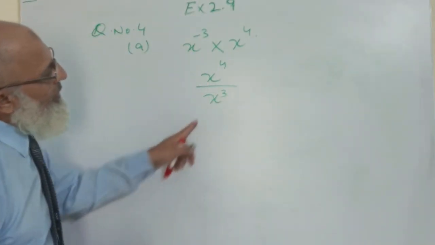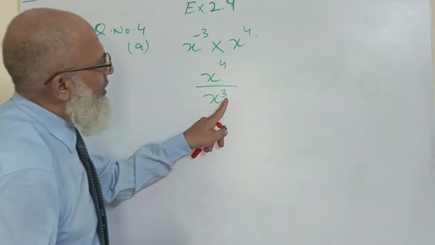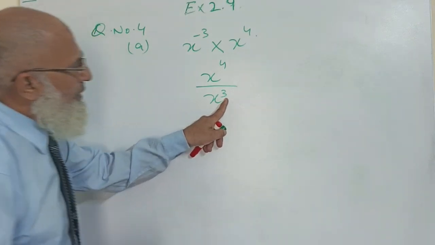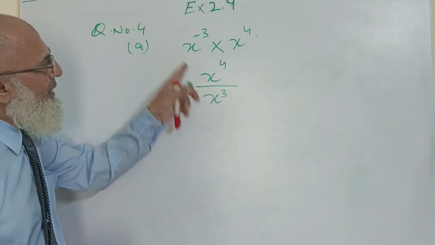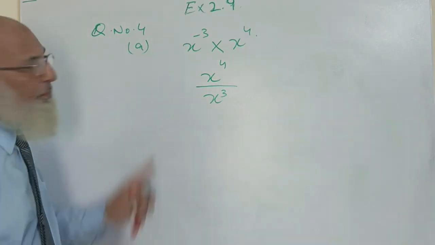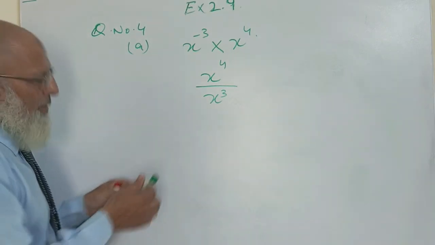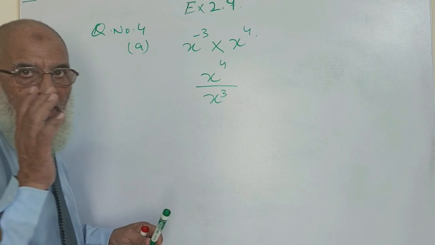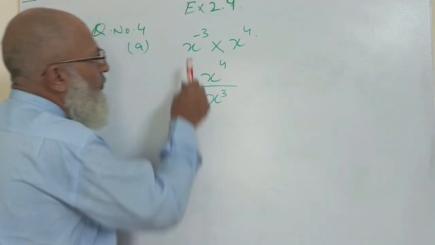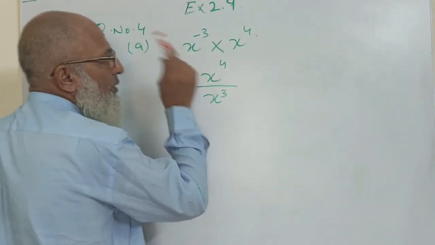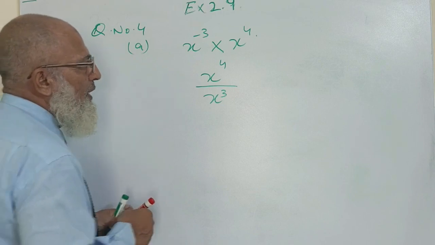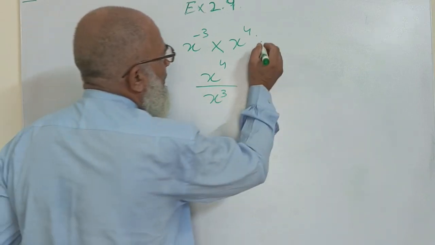So you see that this will be written like this, but instead if we follow the rule of indices, the very first rule, what will happen here?